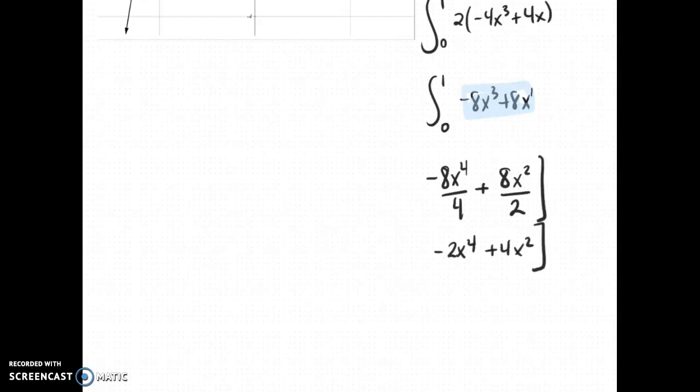And that is from the definite integral from 0 to 1. So we're going to evaluate it from 0 to 1, and we end up with this. Now when we evaluate this at 0, that part is just going to be 0, but I'll write it out here.